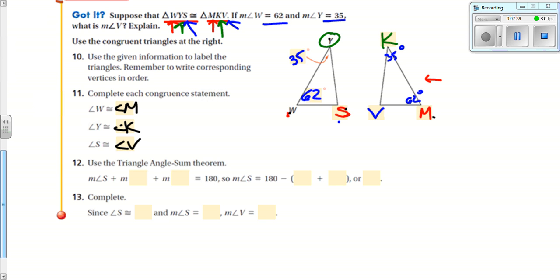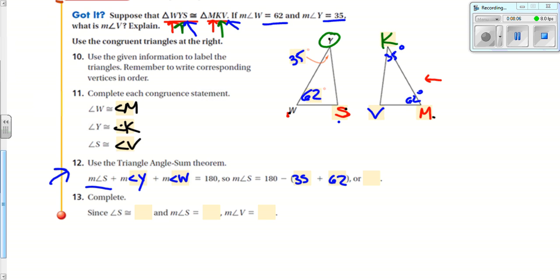So it's telling us down here, now we're going to look at 12. Use the triangle sum theorem. We don't write it out this way, but it's good to see what we're doing. The measure of angle S plus the measure of angle Y plus the measure of angle W equals 180, because we know all three interior angles add up to 180. So one way to think of it is the measure of angle S is 180 minus the 35 and 62.